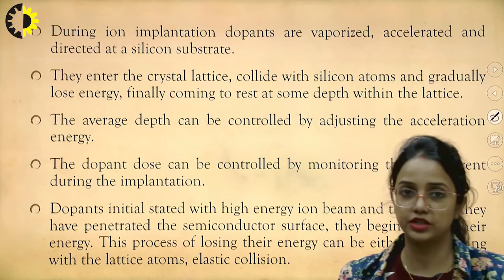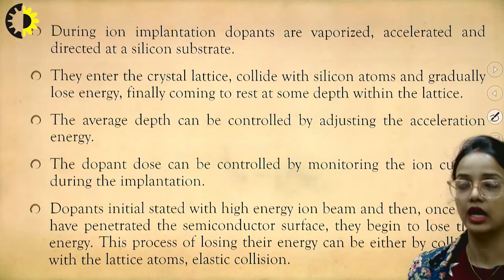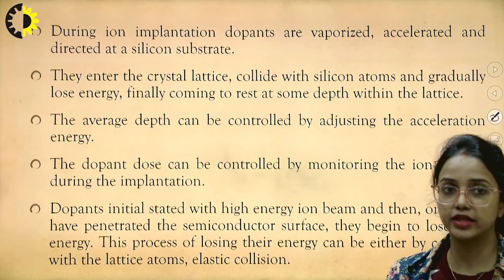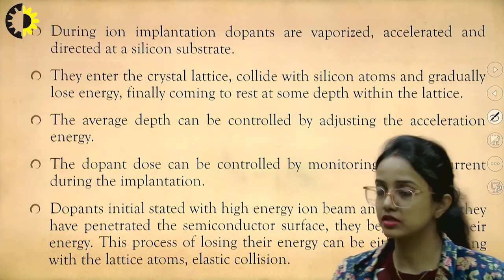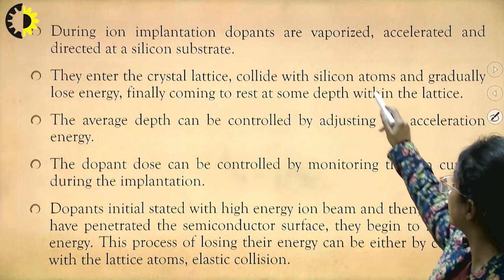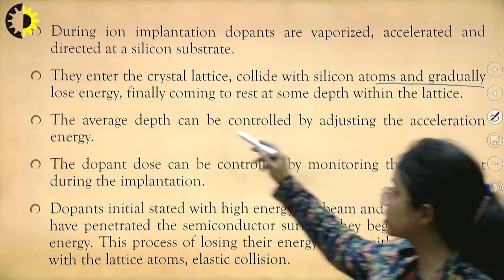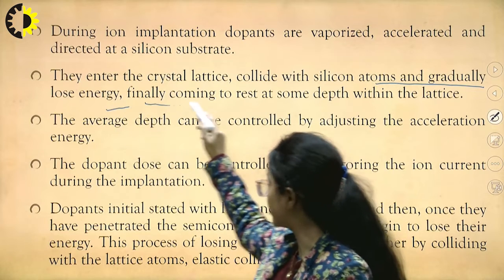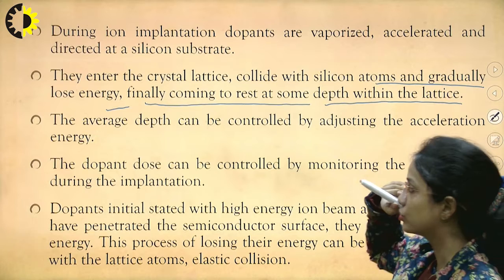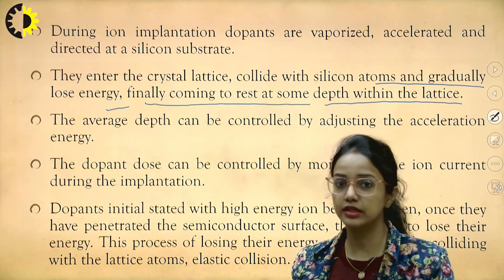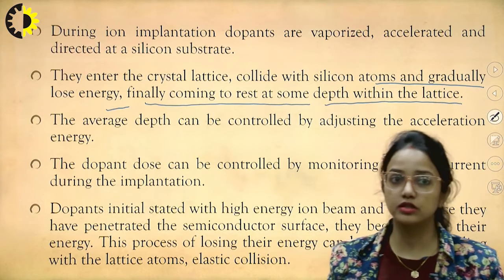During ion implantation, dopants are vaporized, accelerated and directed at a silicon substrate. They enter the crystal lattice, collide with silicon atoms, gradually lose their energy and finally come to rest at some depth within the lattice. So, what is actually happening is that it is done using ion beams.